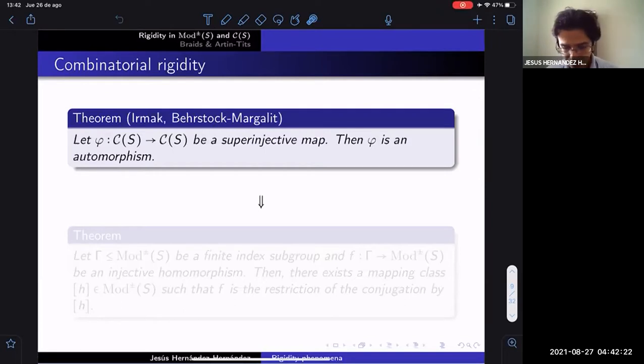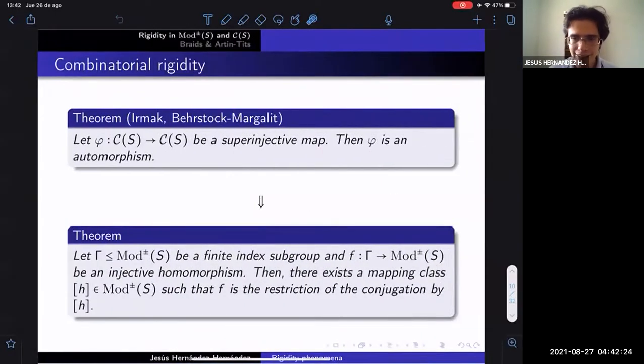Now, following the recipe, this implies that we have the following. I sort of get rid of one of the finite index subgroups, and I just take gamma, a finite index subgroup, and an injective homomorphism from the subgroup to the whole extended mapping class group. And it turns out that this is actually also going to be the restriction of a conjugation.